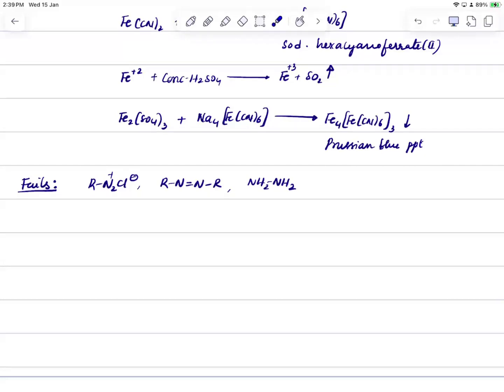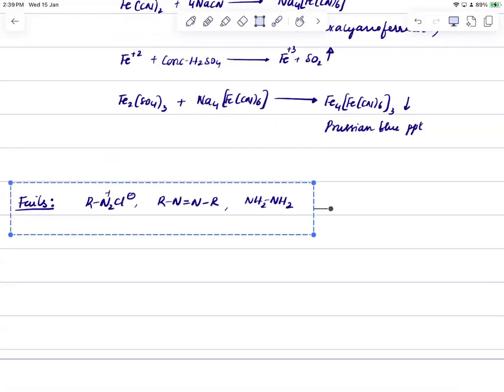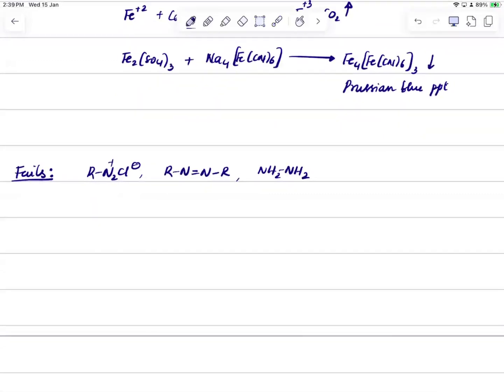So I'm hoping that all of you understood this part. One important line which you need to understand here is that this was also asked in one of the exams, one of the sessions: what if the amount of nitrogen present is very less?